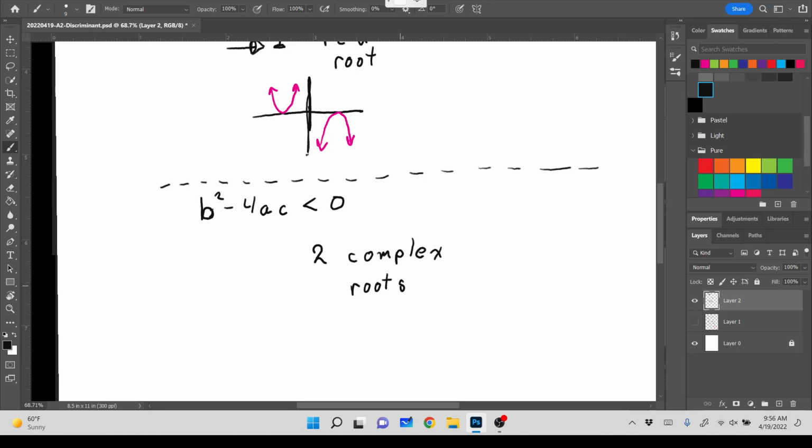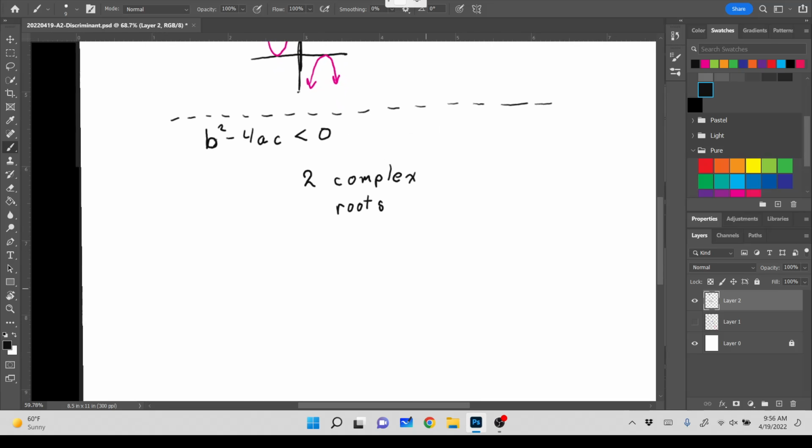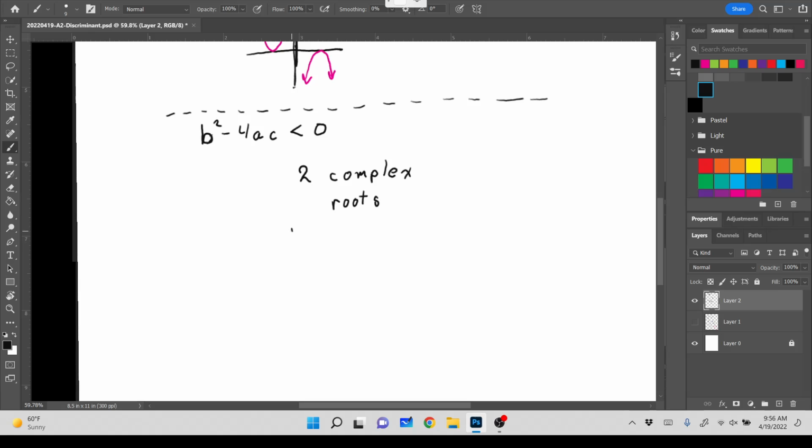Graphically, what does that mean? It doesn't have any real roots or any real zeros, because they're functionally the same.